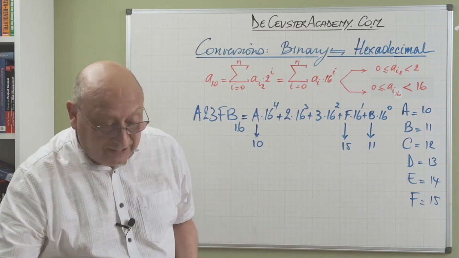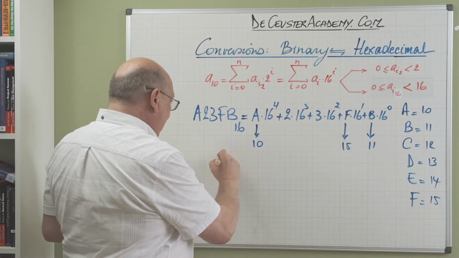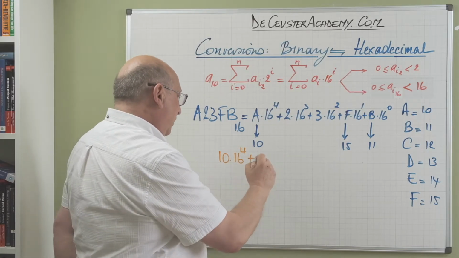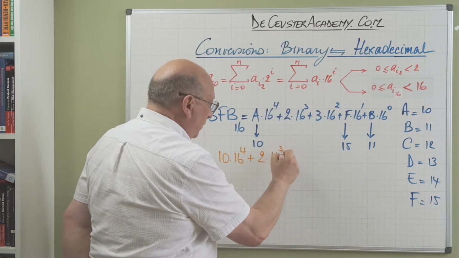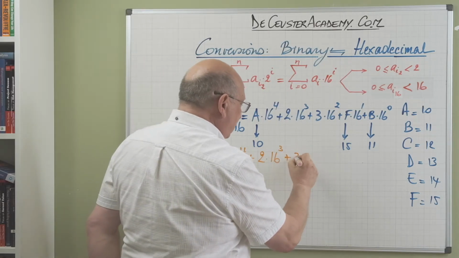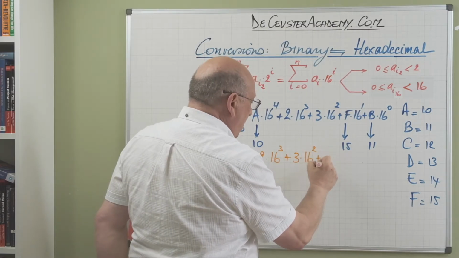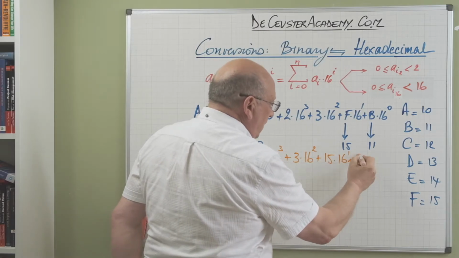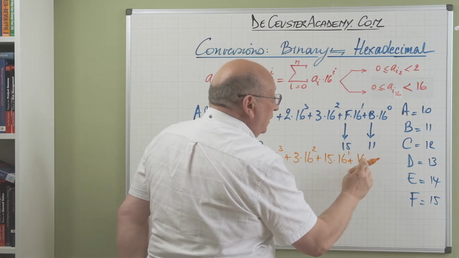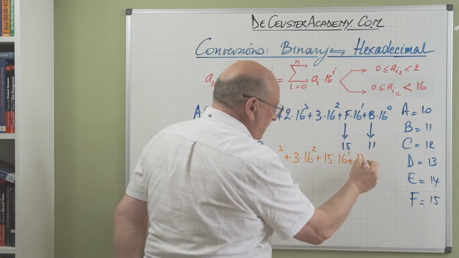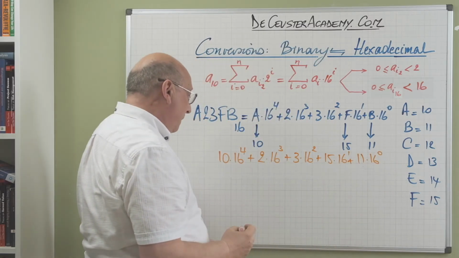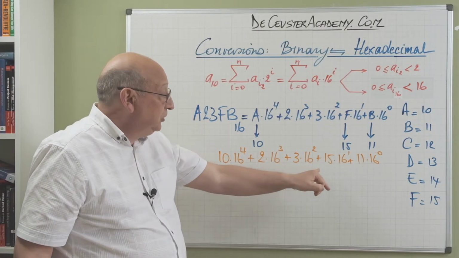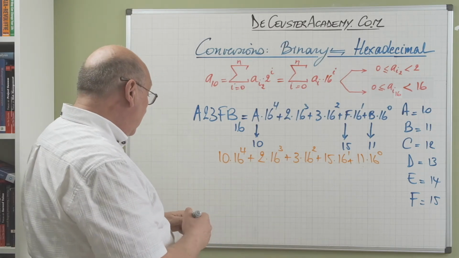So basically what we can write here is 10 times 16 to the power 4 plus 2 times 16 to the power 3 plus 3 times 16 to the square plus 15 times 16 to the power 1 plus 11 times 16 to the power 0. And what we're going to do now is to transfer those coefficients into binary notation.